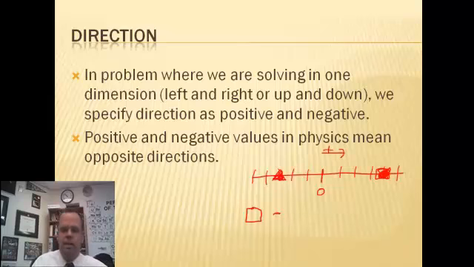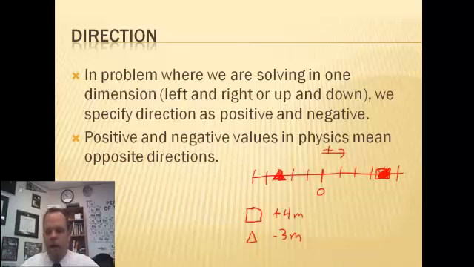You could make to the right positive or negative. If I make it positive, I'm going to say that the square has a position of positive 4 meters. And I'm going to say the triangle has a position of negative 3 meters. So to the right is positive in this case, and to the left is negative. Someone else could make to the left positive and to the right negative. So they would get negative 4 for the square and positive 3 for the triangle. It doesn't matter which one you choose to do as long as you're consistent throughout the problem. And understand that positives and negatives mean opposite directions in this course.